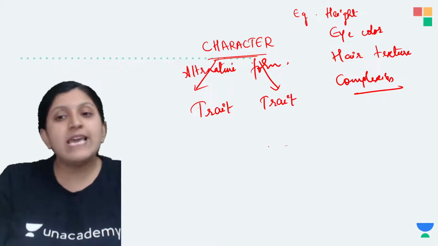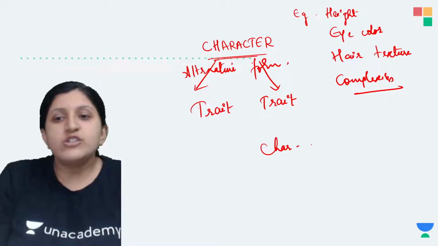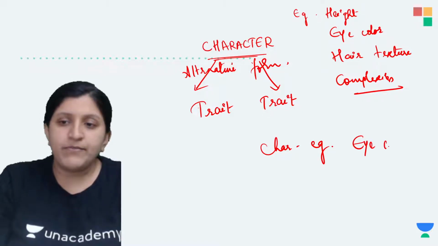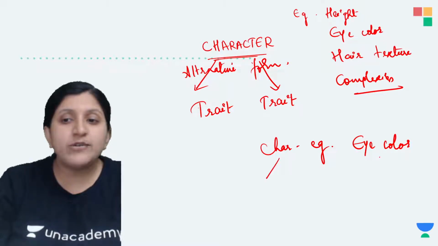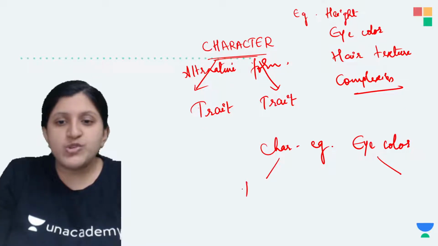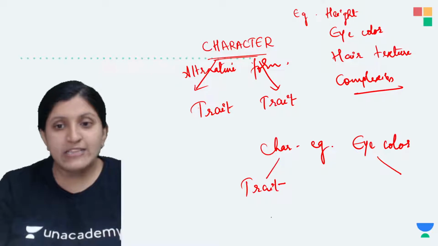So let's say the character example we are taking is eye color. In that you can find traits. The alternative form of a character is a trait.